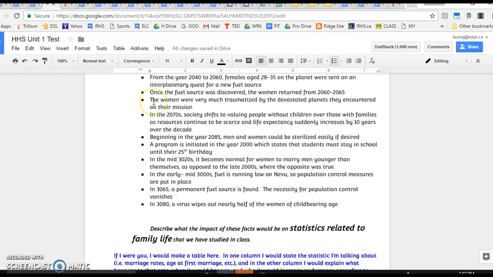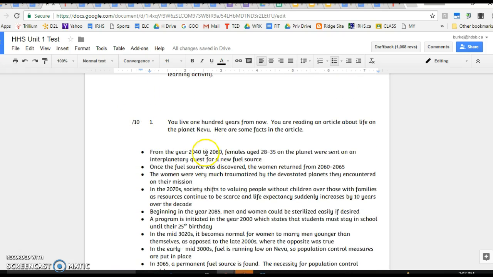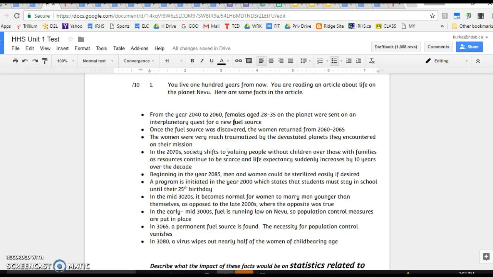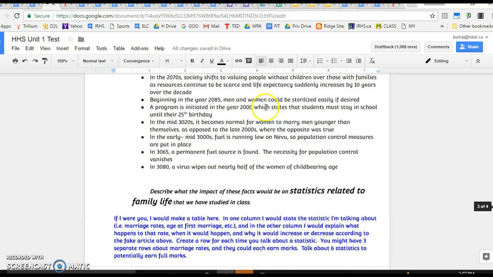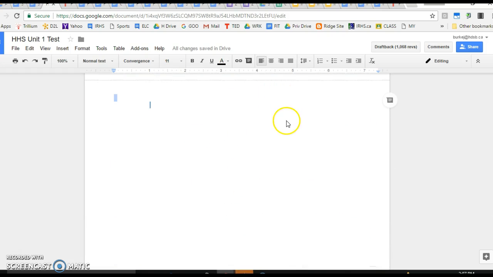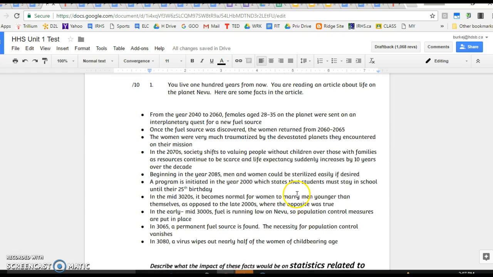Why? So you don't need 10 relationships, you need 5. I would make a 2-column chart where you've got the time and what happened up here, and then you've got the stats and how it would be impacted and why in the other column. So you need 5 rows. There's way more here than you need.